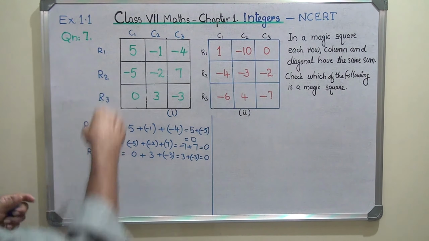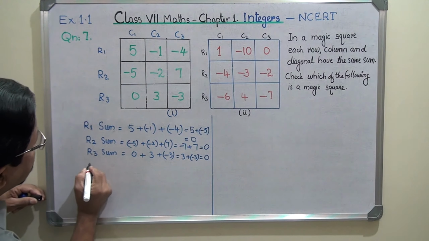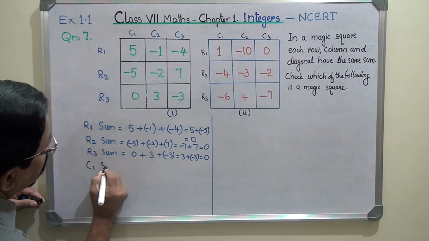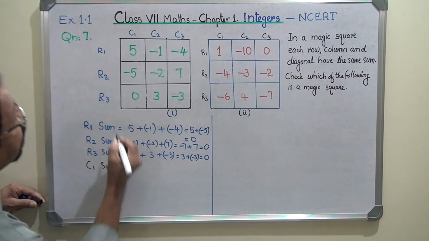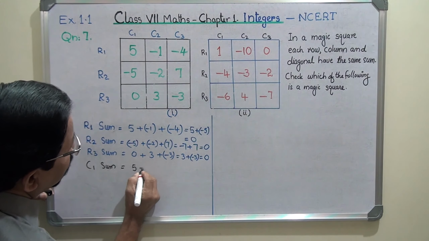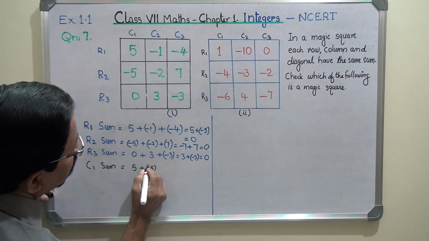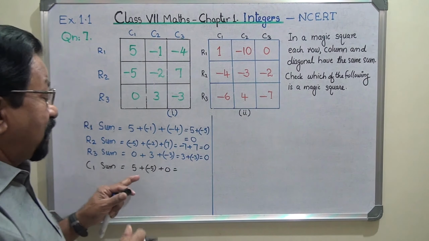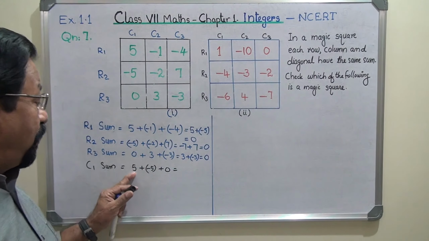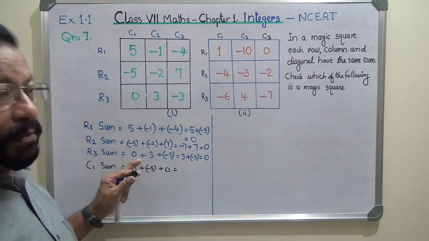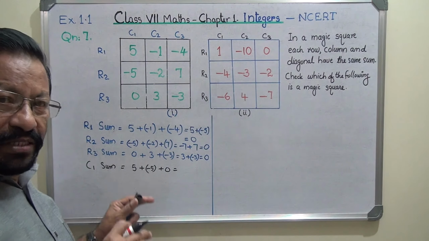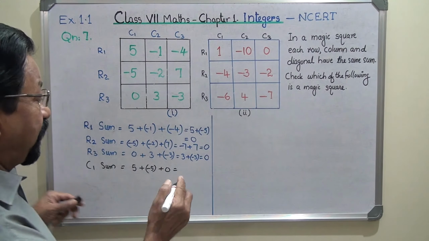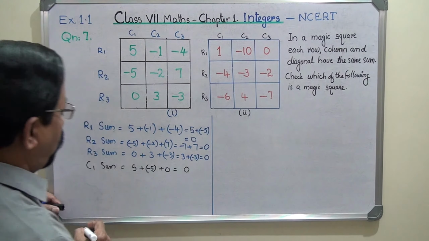Now we take the sum of C1. Column number 1 sum is equal to 5 plus minus 5 plus 0. One is plus 5, one is minus 5. The answer is 0.